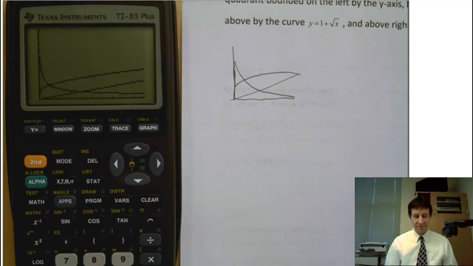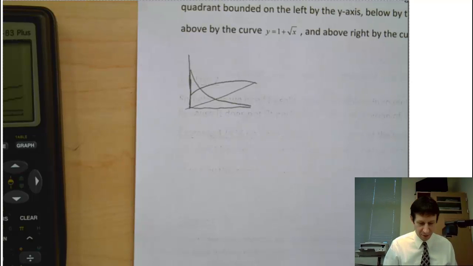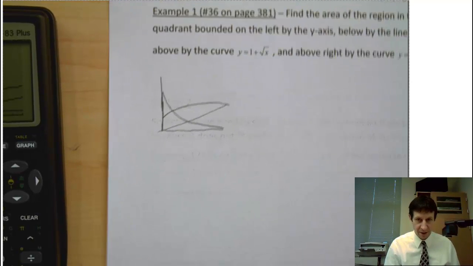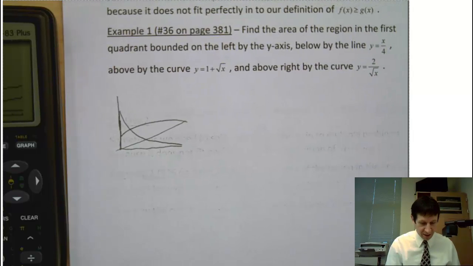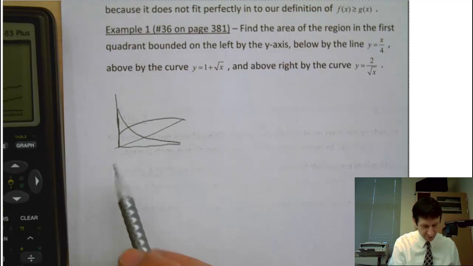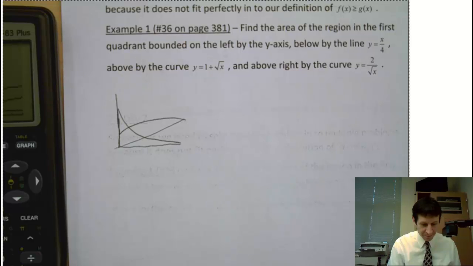The most difficult part of this problem is going to be deciding which region we're really talking about here. So I'm going to read through one more time to try to figure that out. Again, it said we're bounded on the left by the y-axis. So that tells me it's either going to be this region or this region, because here's the y-axis.